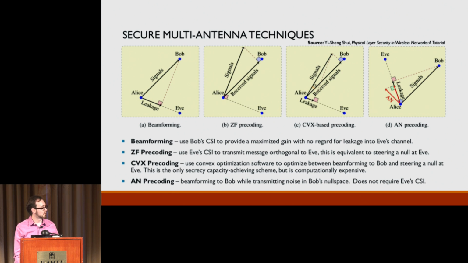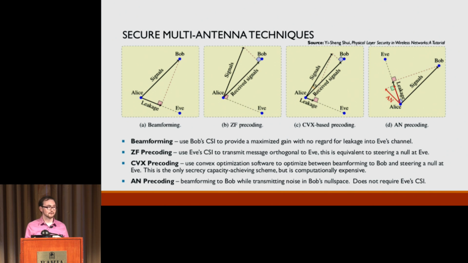So the work that I have been focused on is in this first area with secure multi-antenna techniques. With these, you generally have a couple of options, and it depends on the channel information that you already are aware of. So if you just know Bob's channel and you don't know Eve's channel, you can try to beamform to Bob, and then you get some level of security just based on the fact that you've conditioned your transmission for Bob's channel better than Eve's channel.